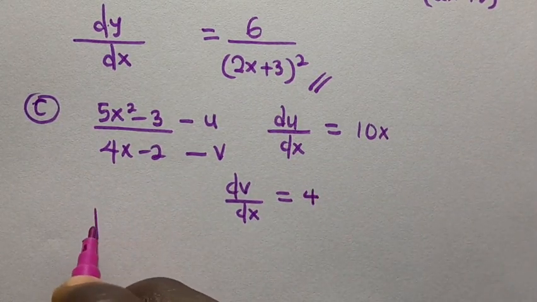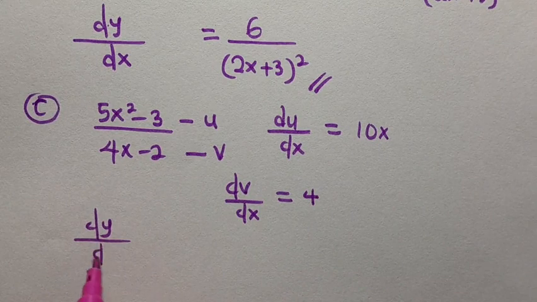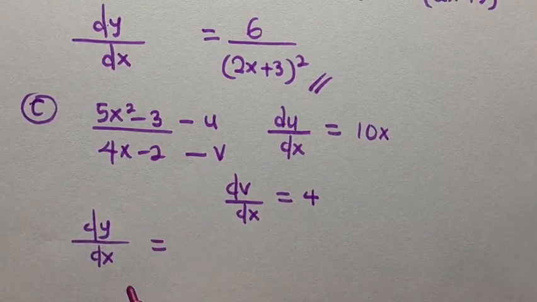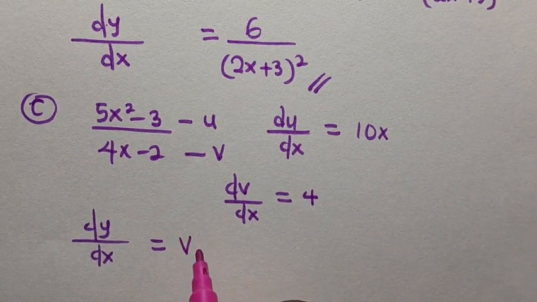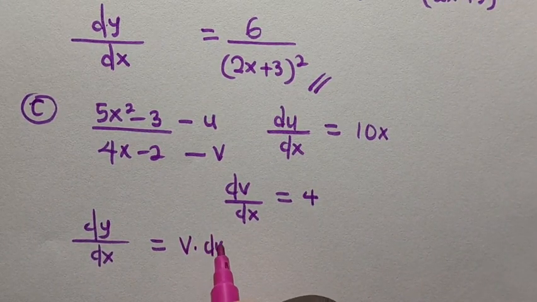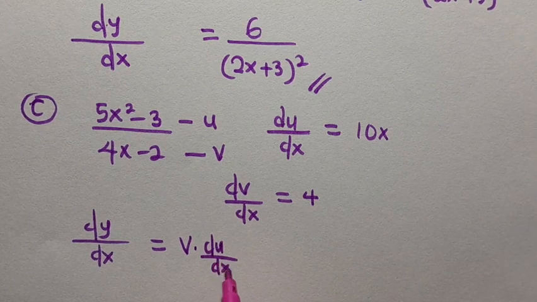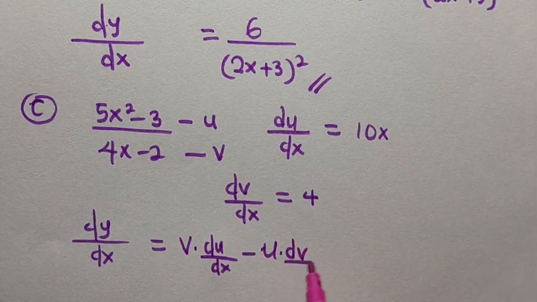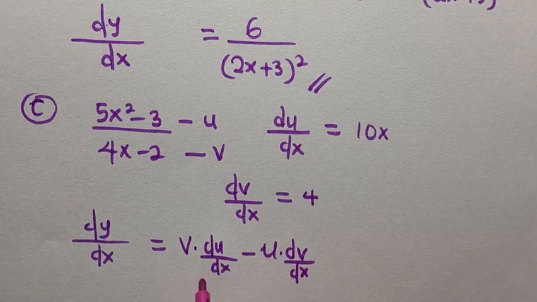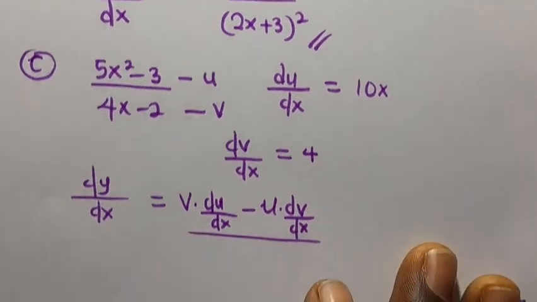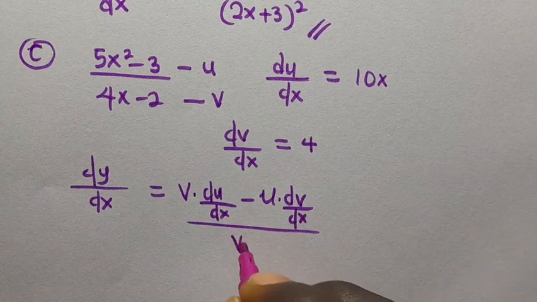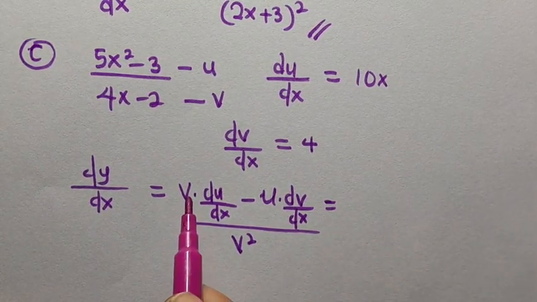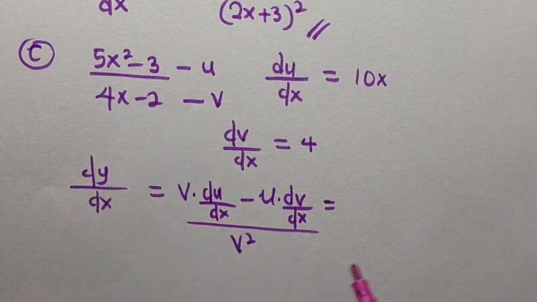So by so doing, we have dy/dx to be equals. We are using this formula. We have v du/dx minus u dv/dx divided by v square. Then we have our v, 4x minus 2.